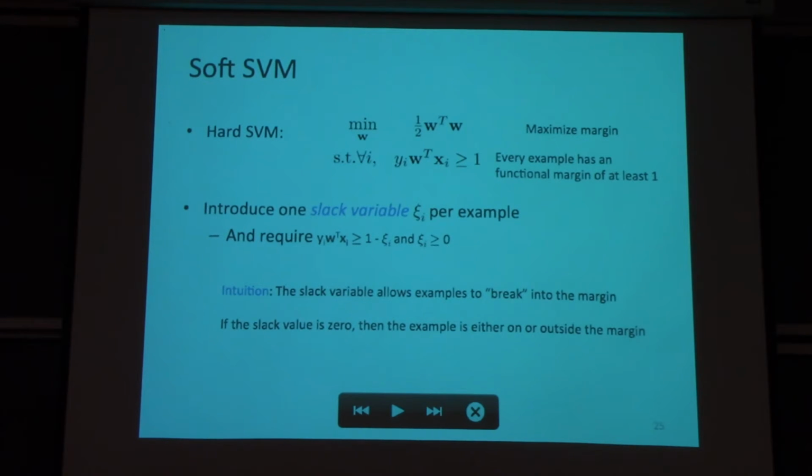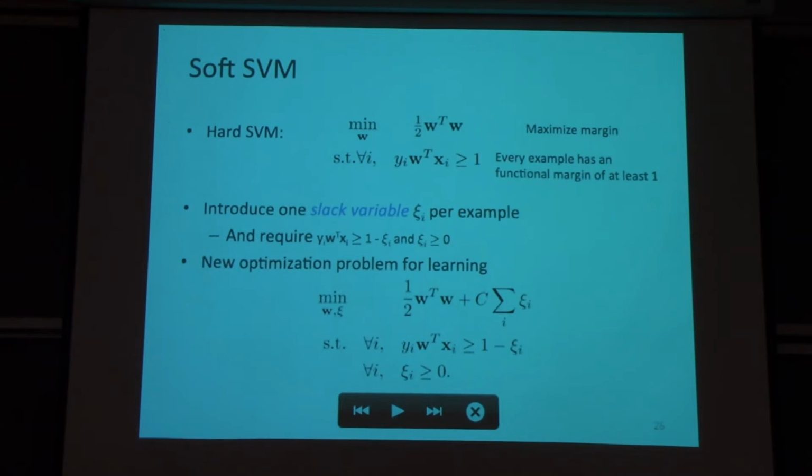So now our optimization problem changes to the following one, where we minimize the sum of two terms. The first term, W transpose W, is just like before. We minimize the norm, which means we try to maximize the margin. Now the second term tells us that we also minimize the sum of all these penalties or all this loss for each data point.